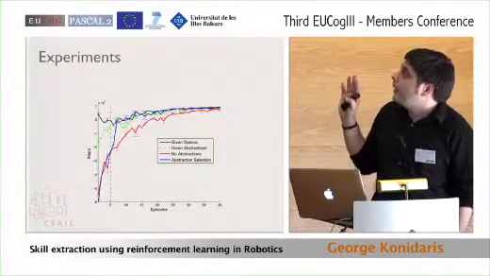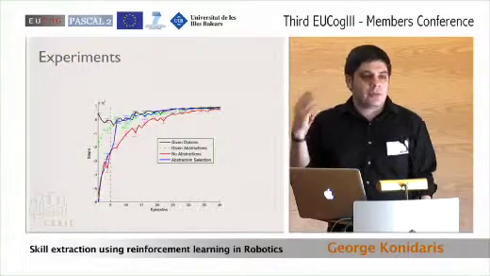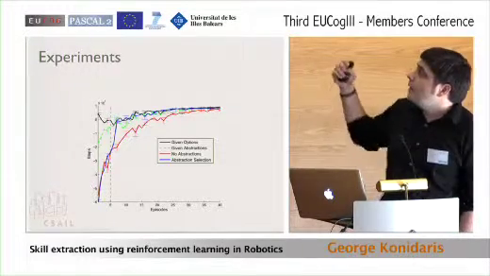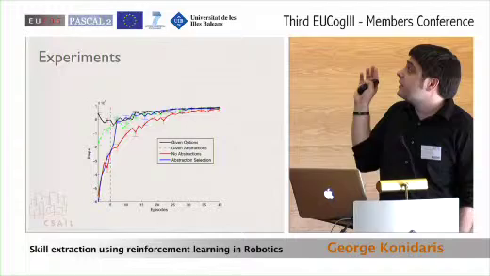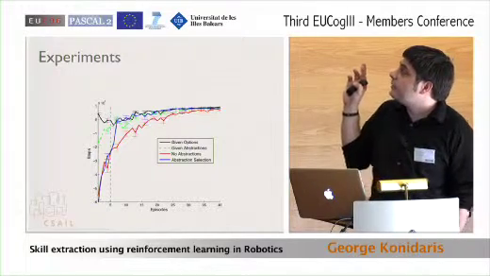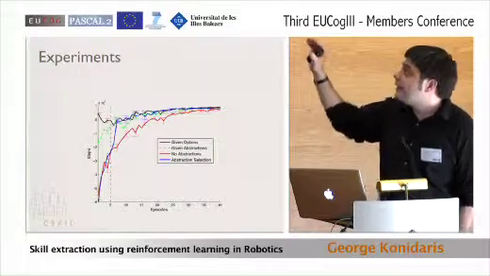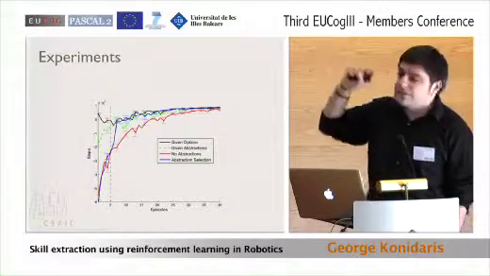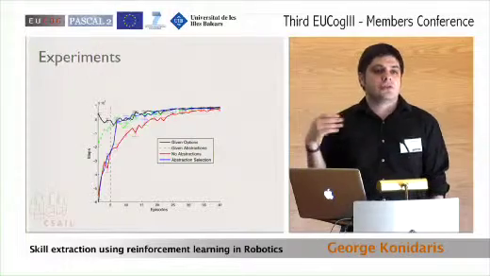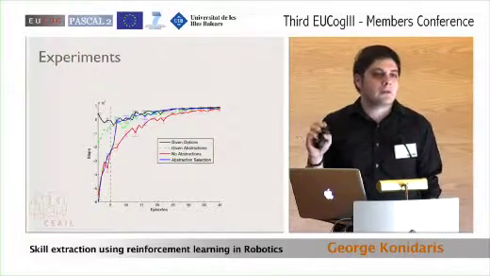So you're still given skills, but you have to learn them in the full state space. The black line is what happens if I give you the skills and I give you the skill policies. So this is like an upper bound. And the dashed green line is what happens if I give you the skills and I give you the abstractions and you have to learn them. So that's also like an upper bound.